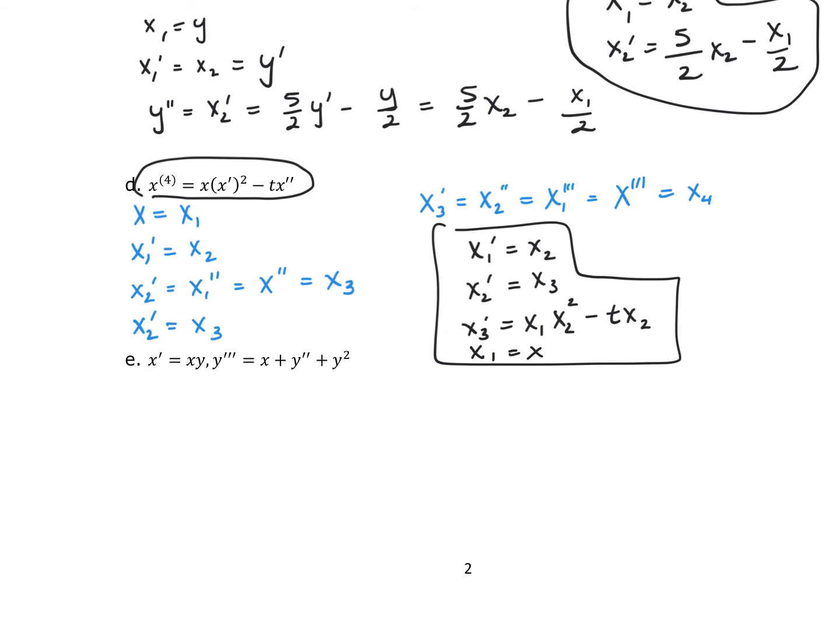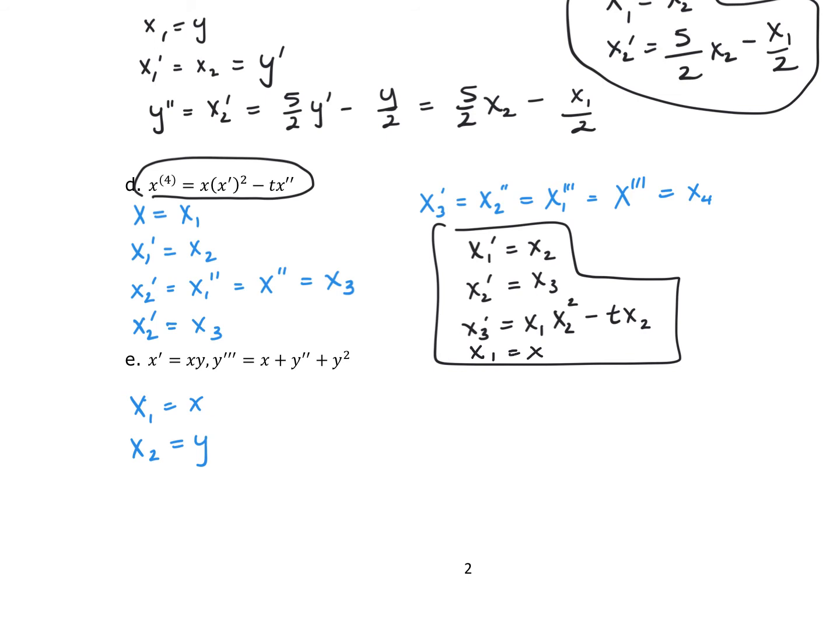Now let's look at E, where I have x prime is equal to xy, and y triple prime is equal to x plus x prime plus y double prime. Again, we start out with x sub 1 is equal to x. We like that one. x sub 2 this time is going to be y because I have x and y.